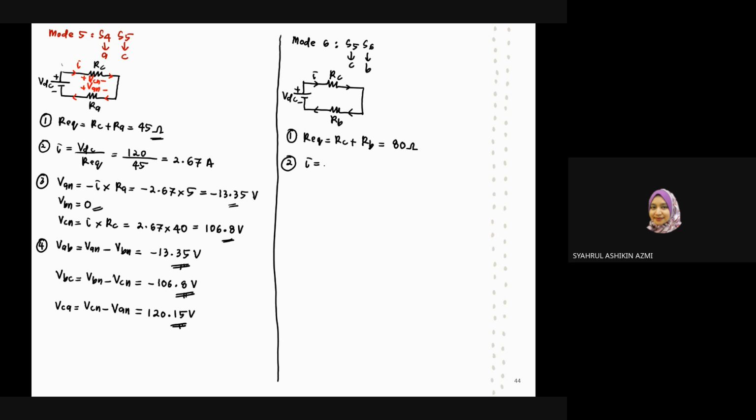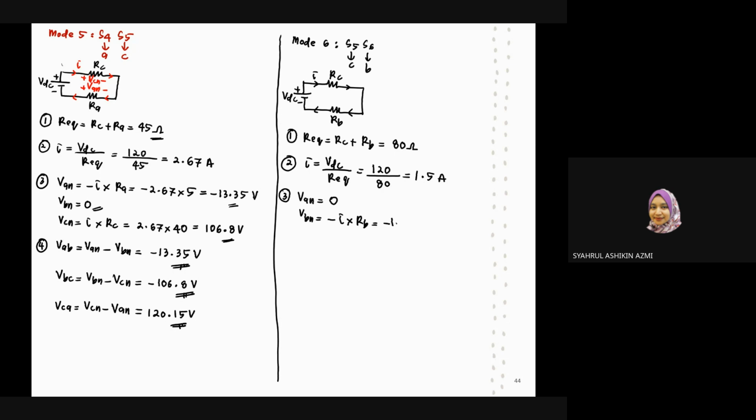And then for the current, 120 divided by 80 gives 1.5 ampere. Then step number 3: VBN is negative I multiplied by RB.